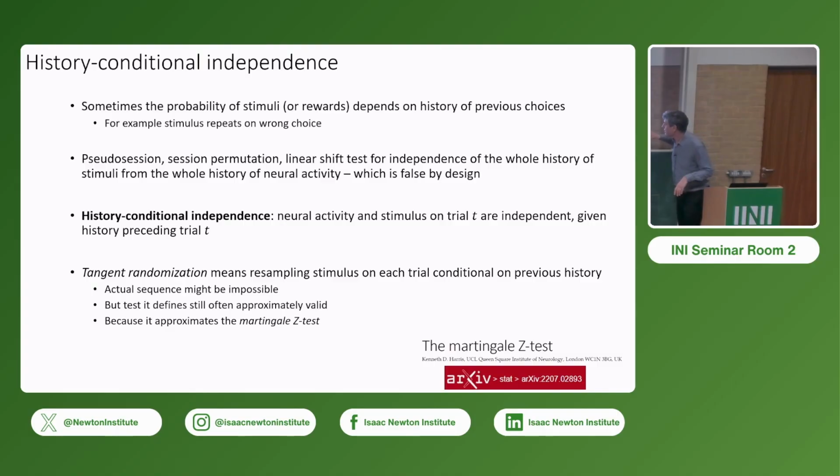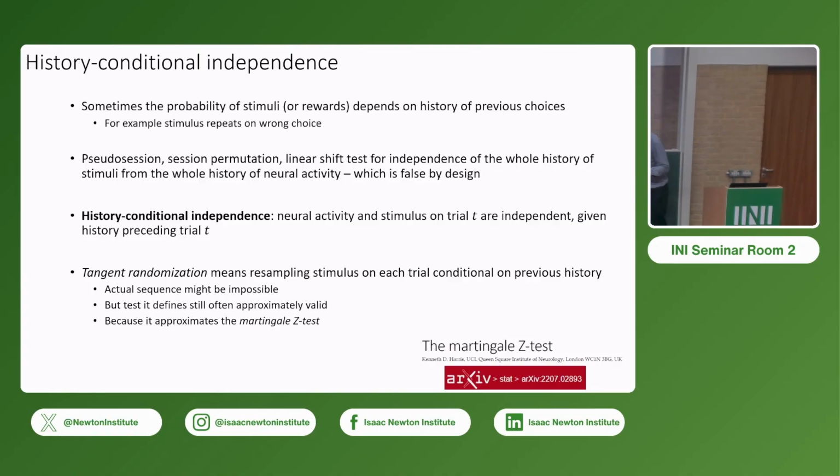And there's something that you can do, which is called a tangent sequence randomization. Tangent sequences are something that comes up in the theory of time series statistics. It's usually used as a proof technique, but you can actually use it to make a statistical test as well.